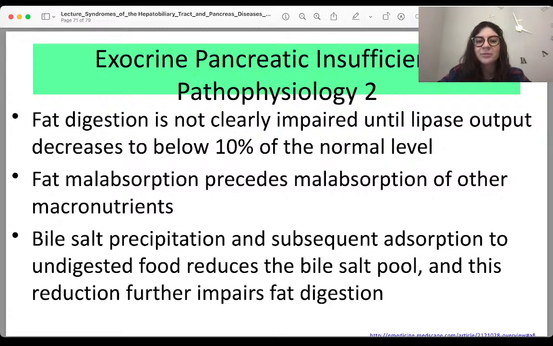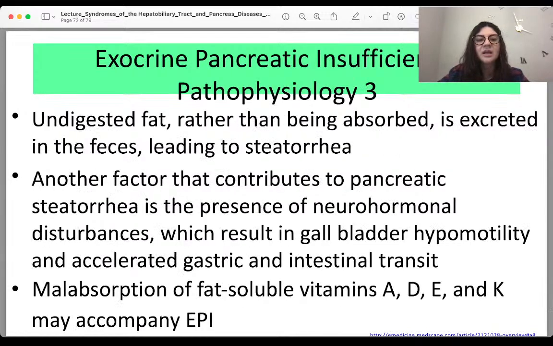Bile salt precipitation and subsequent absorption to undigested food reduces the bile salt pool, and this reduction further impairs fat digestion. Undigested fat in this case, rather than being absorbed, is excreted in the feces, leading to steatorrhea.